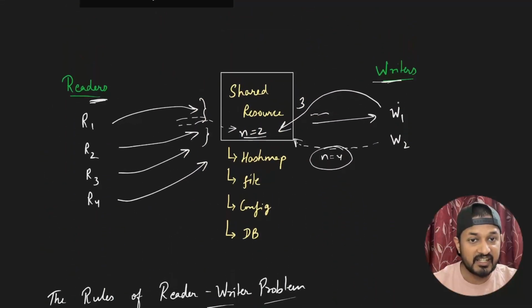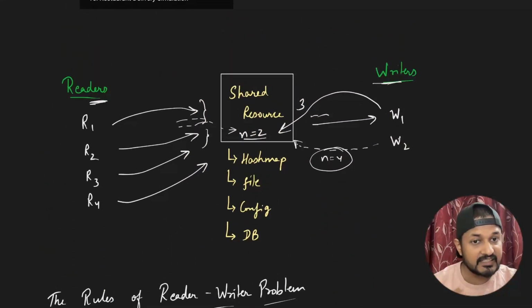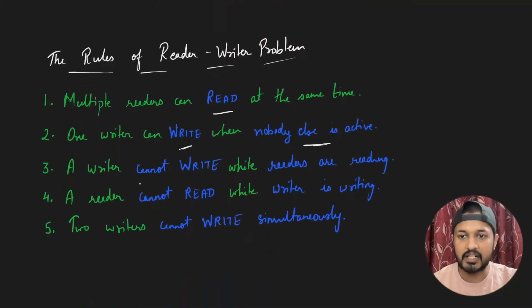So if a single writer is writing, neither another writer should write nor any reader should be allowed to read. Correct? The third rule is a writer cannot write while the readers are reading. We just saw. The fourth is a reader cannot read while a writer is writing. Correct? And the fifth is two writers cannot write simultaneously.